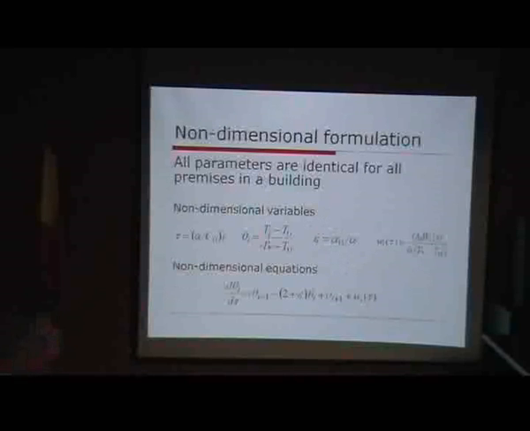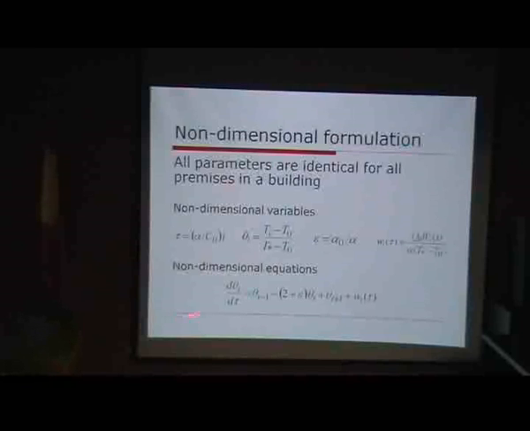To illustrate the model, I show the result of calculation for a chain of premises. All premises are the same, have the same parameters, and we consider ignition of one premises and spread of the fire from one premises to another.